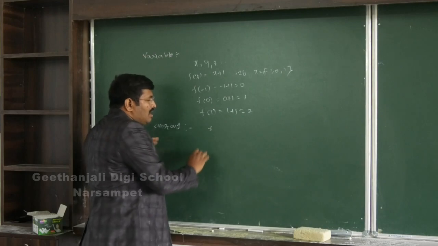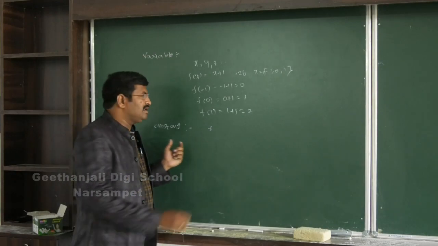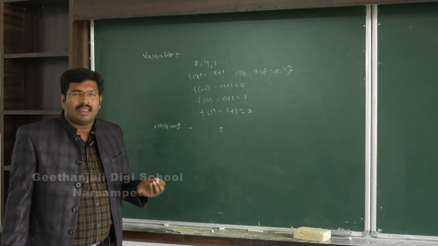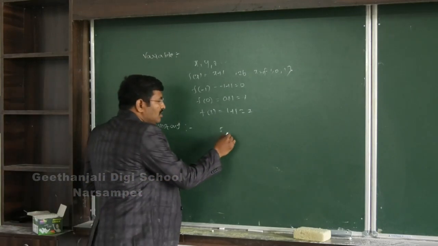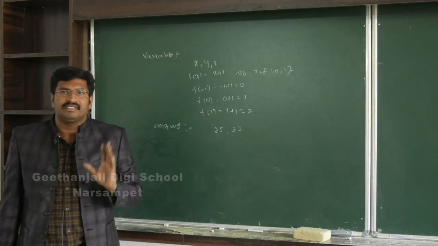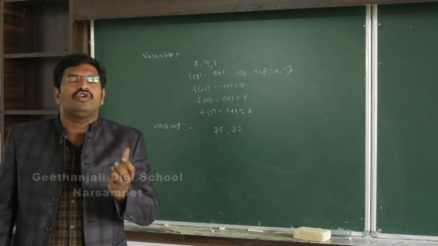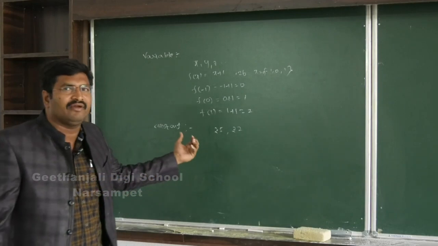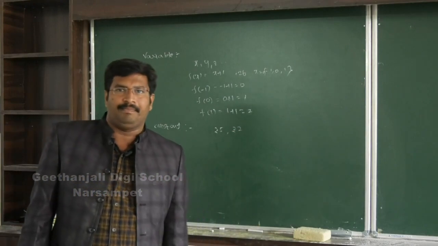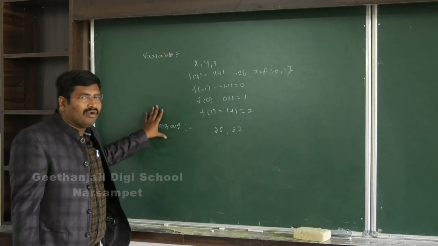For example, the cost of a pen is 5 rupees and the cost of a pencil is 2 rupees. Then it is fixed, it won't be changed. The value of 2 or 5 won't be changed in the entire problem. That is a constant.